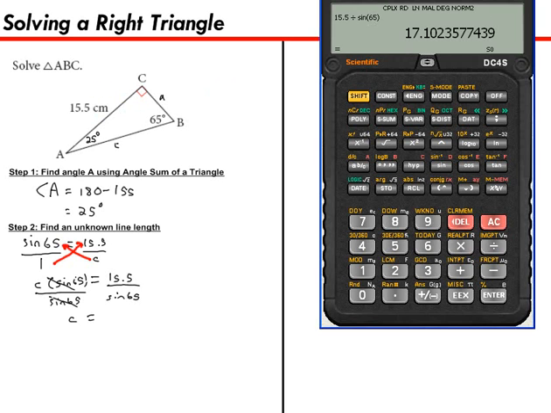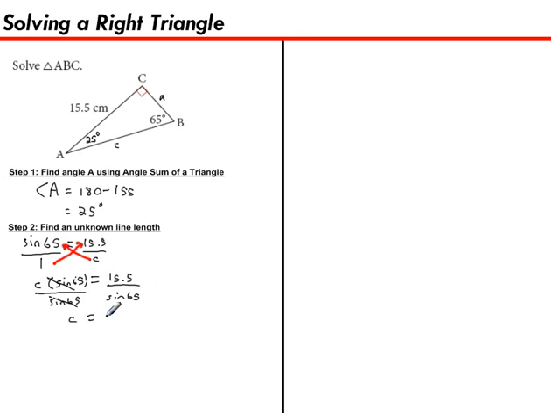So 17.1. And let's not forget our units. Since we're talking about centimeters, we should include that. And now I've just found c, so let's add that to the puzzle as well, 17.1 centimeters. Okay, we're making some progress here. There's only one line left, and that's line A, and that'll be step 3.